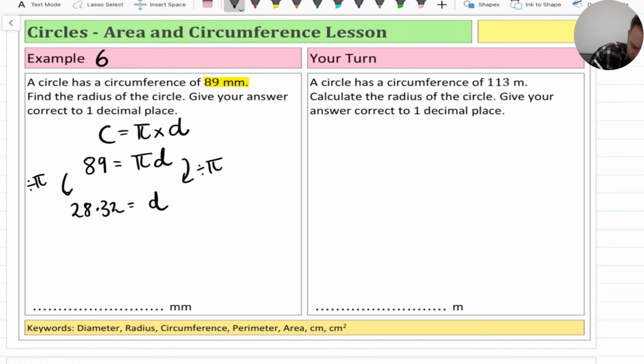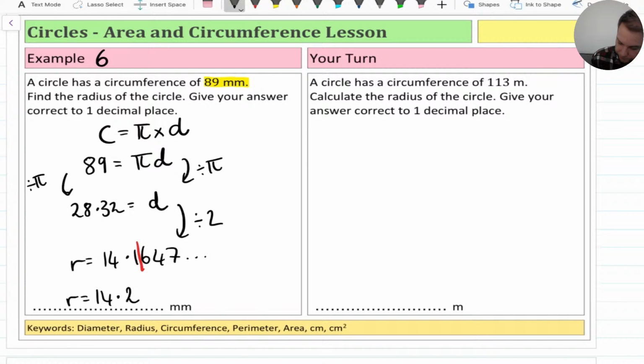So my diameter is this, so I need to divide by 2 to find my radius. So the radius would be equal to 14.1647, continuing on. So to round this, I'm going to put one line after here, and that's going to be equal to r is equal to 14.2. Brilliant.